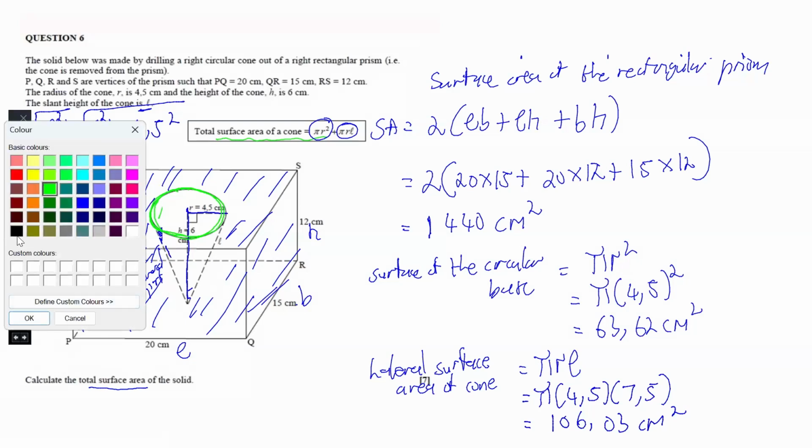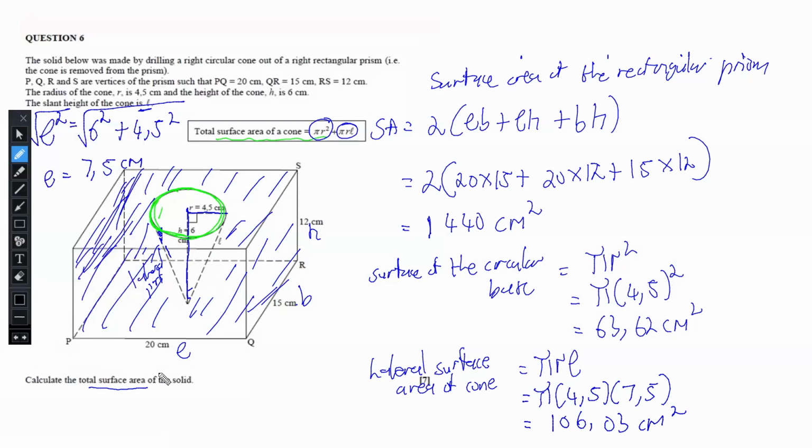Then for TSA, total surface area, we would have to say now we have the total surface area of the rectangular prism, which is 1440. And then also this part, the lateral surface area will be painted. So we're going to add 106.03. But then we're going to subtract, right?